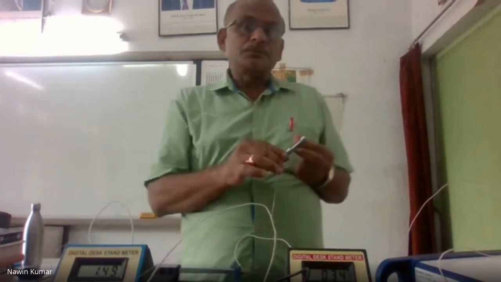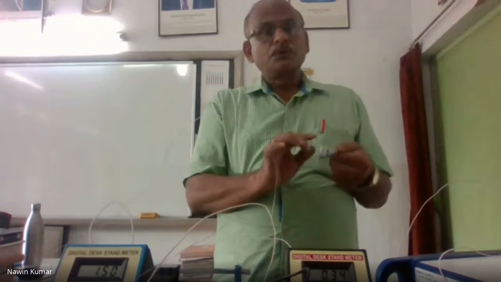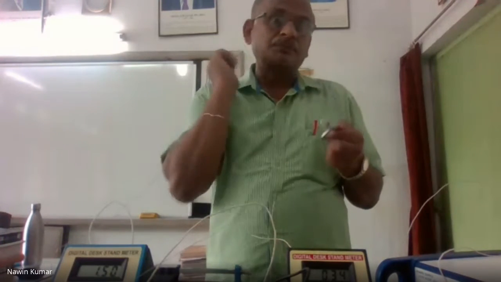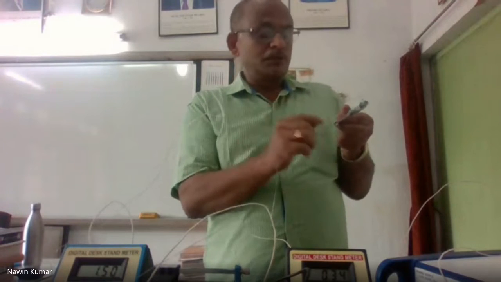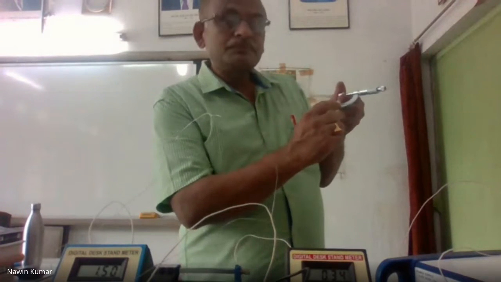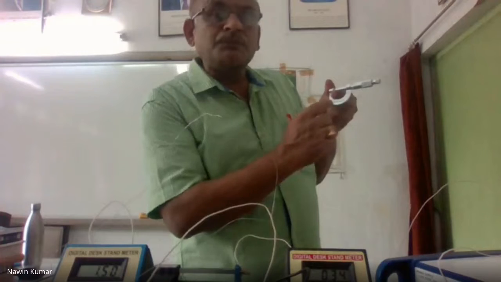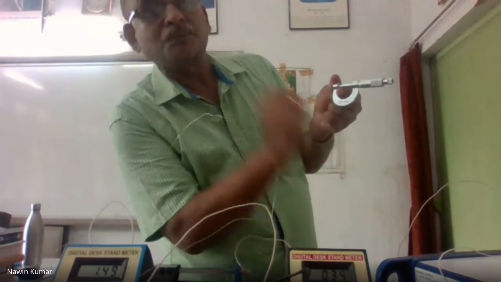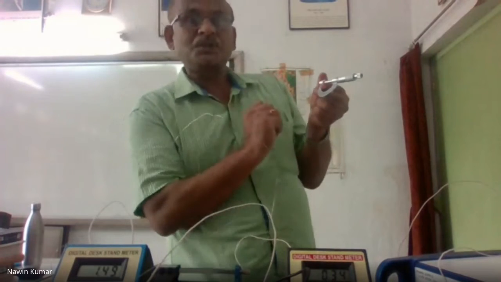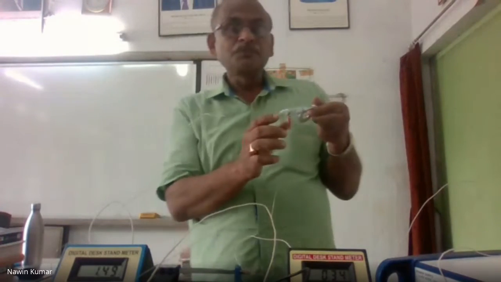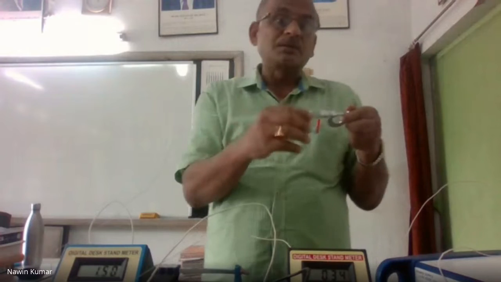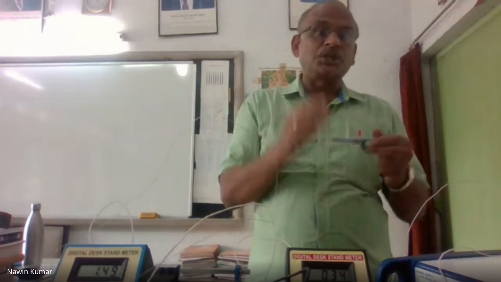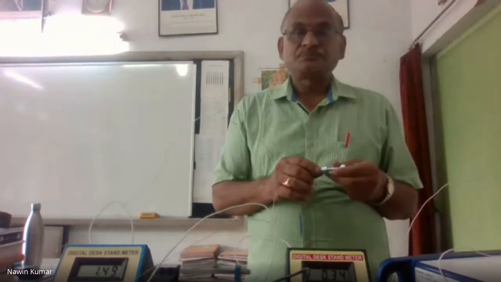Pitch of a screw gauge is 1 mm, or in some screw gauges it is half mm. That may be calibrated on the body of the screw gauge. Like here, it is 25 into 1 mm. So this 1 mm is the pitch. If it is not mentioned, then the linear distance traveled in one rotation is the pitch.